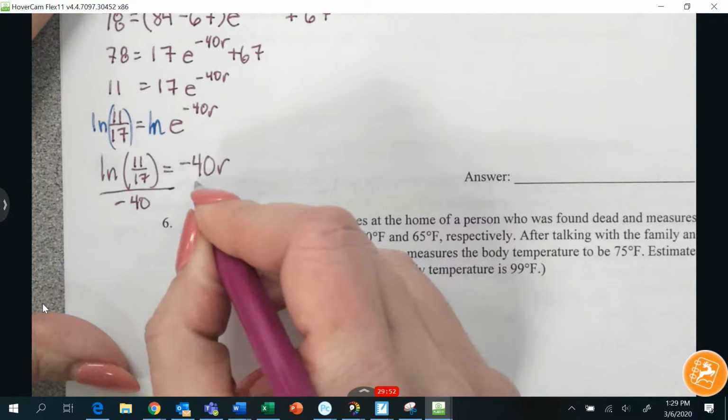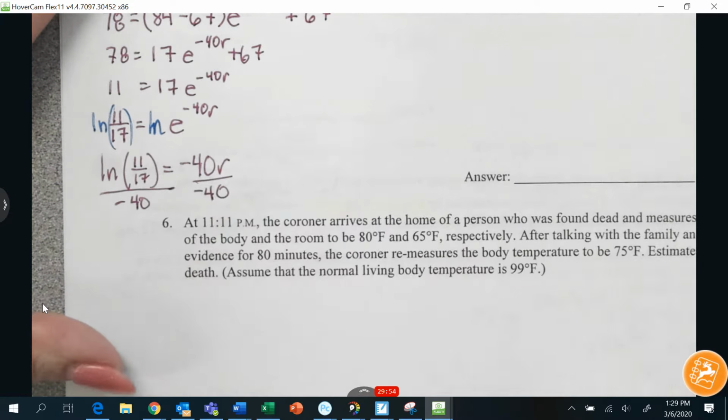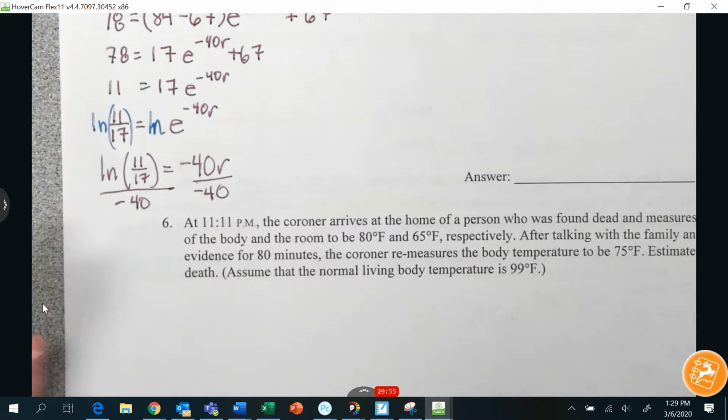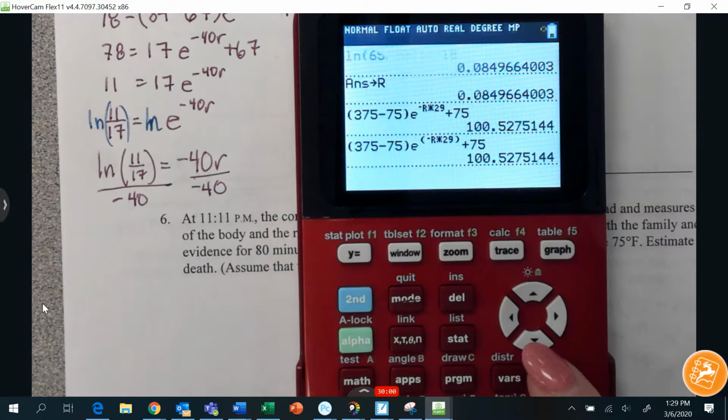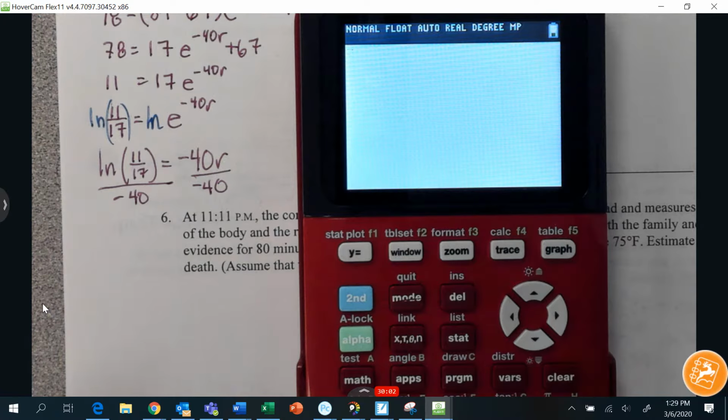Then divide by negative 40. And at this point, it just became a calculator exercise for me. I'm going to type it in the way somebody who has the calculators would type it in, but you guys, you do it how you want. If you want to use the fraction button.